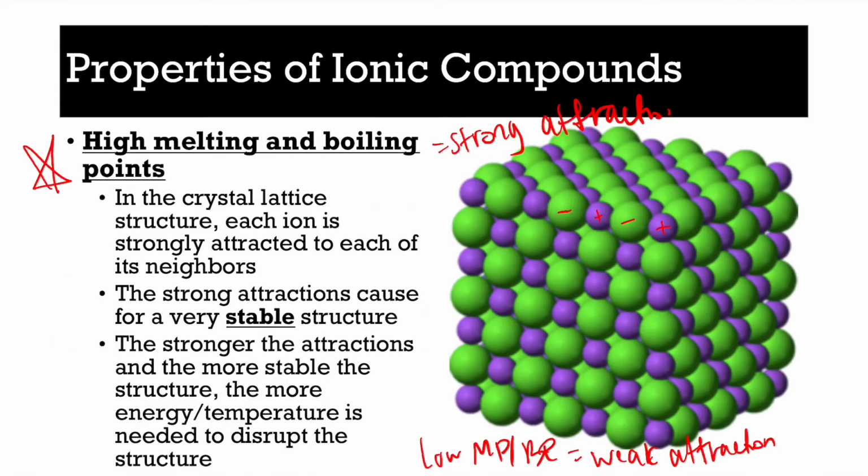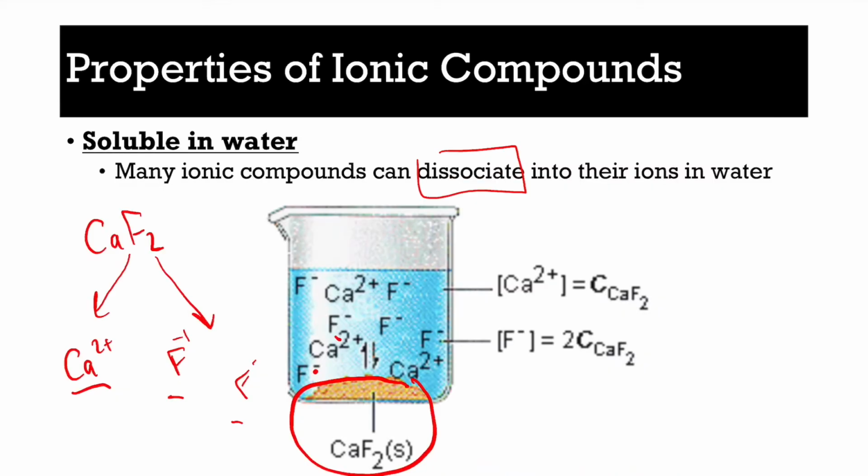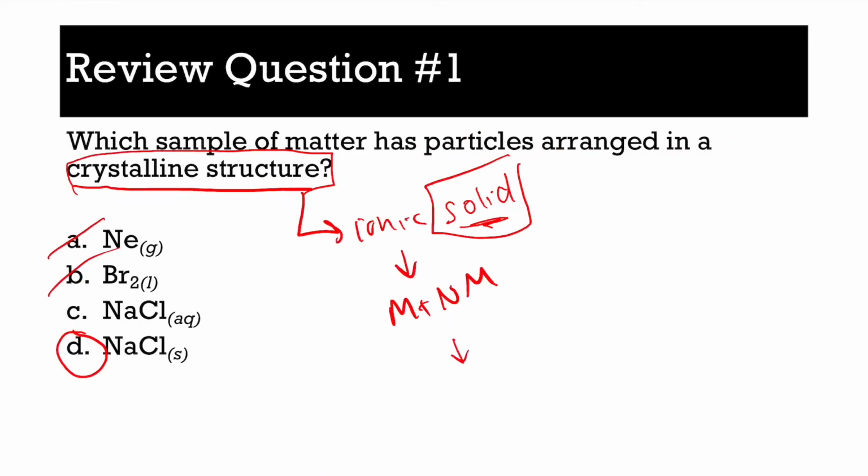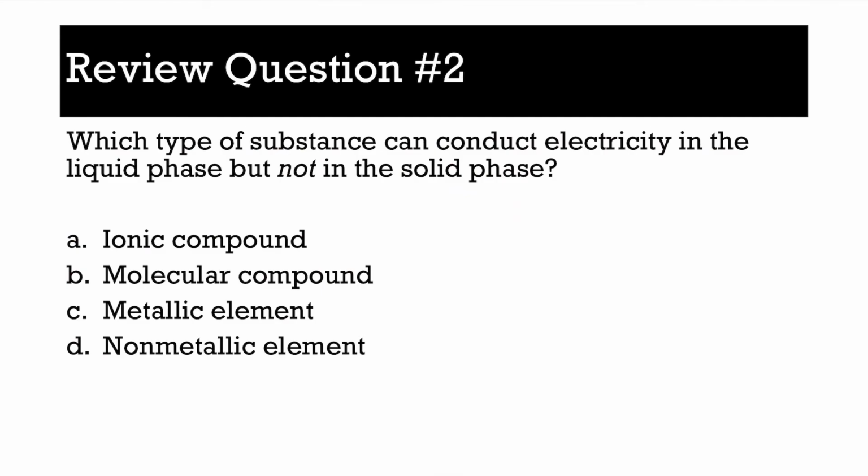And if you think back to this picture, here's a solid ionic compound. These ions, they're stuck where they are. They cannot flow wherever they want. So that's why a solid ionic compound does not conduct electricity. But when it's dissociated, it can. Okay. Question 2. What type of liquid can conduct electricity in the liquid phase, but not in the solid phase?